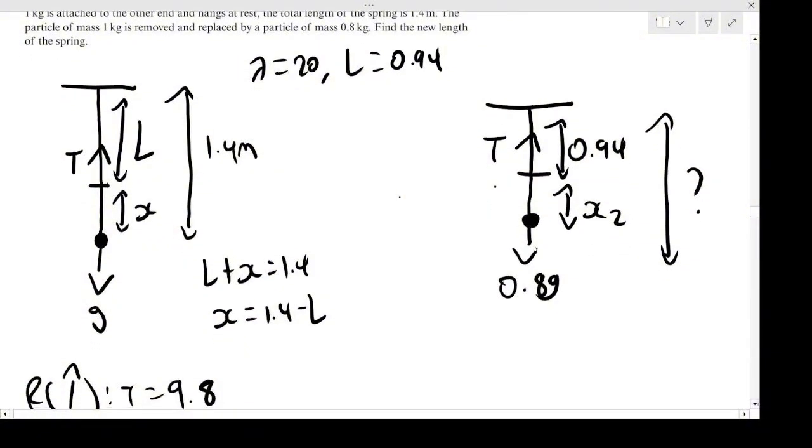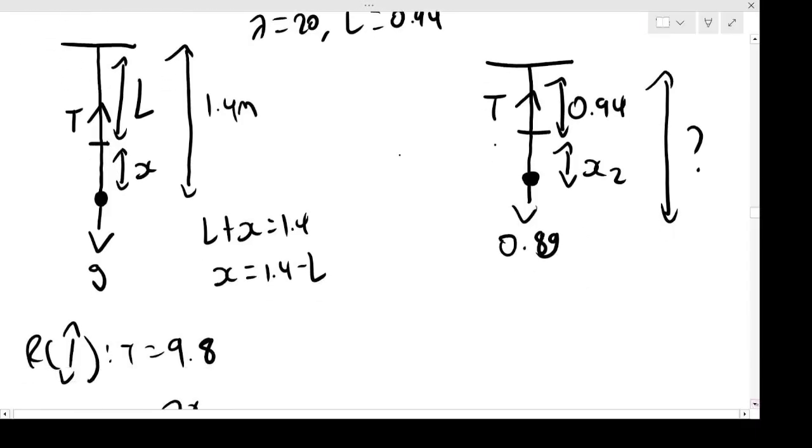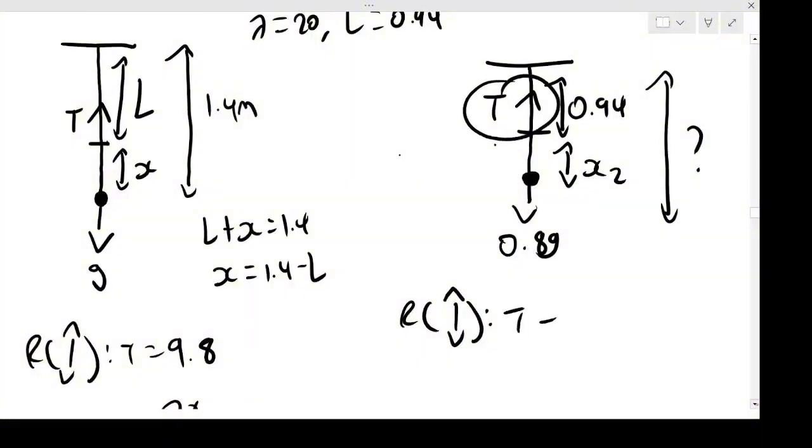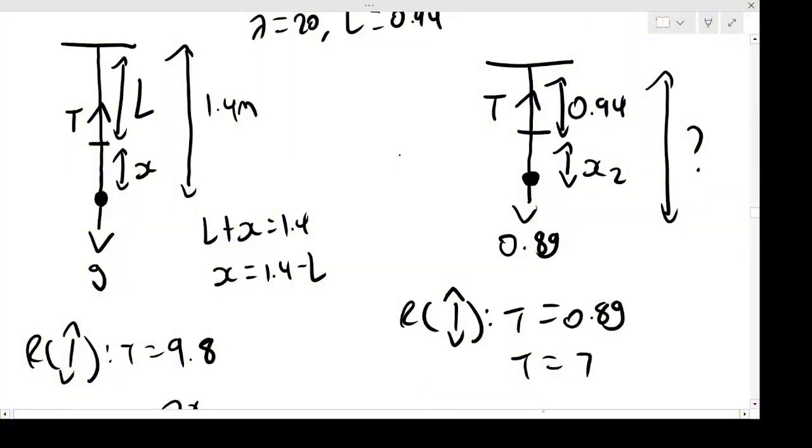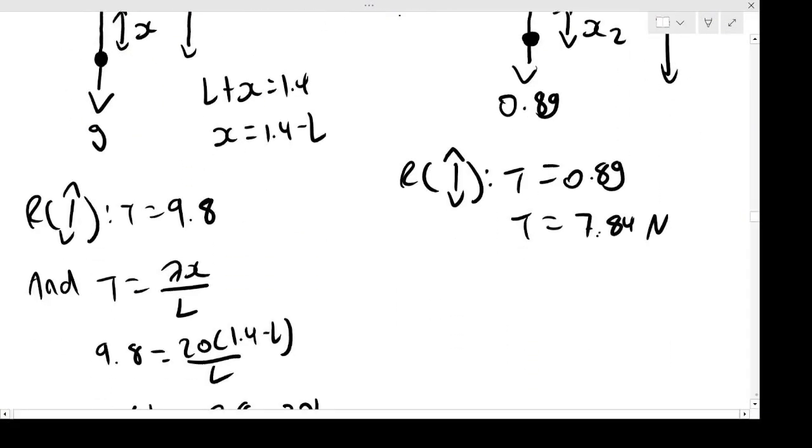At this point, it's just some equations. So again, if I look up and down, my upwards tension force has to equal the downwards force of 0.8 g. Again, no acceleration involved. So that means T, if g is 9.8, T is going to equal 7.84. So again, if T is lambda x over L, that's Hooke's law.